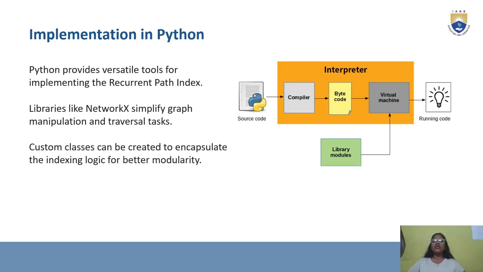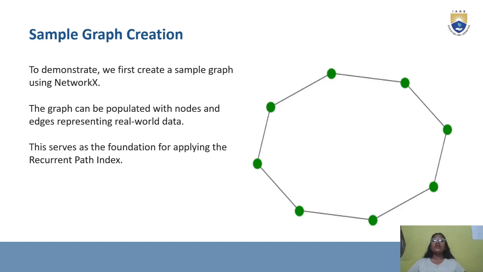Implementation in Python. Python provides versatile tools for implementing the recurrent path index. Libraries like NetworkX simplify graph manipulation and traversal tasks. Custom classes can be created to encapsulate the indexing logic for better modularity. Sample graph creation. To demonstrate, we first create a sample graph using NetworkX.